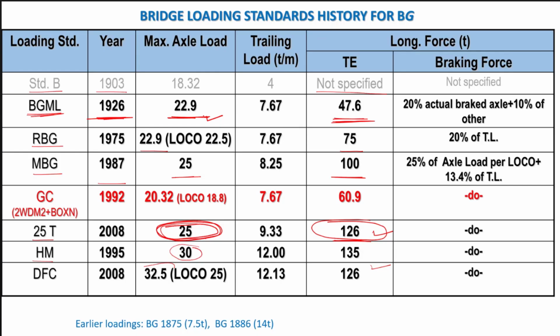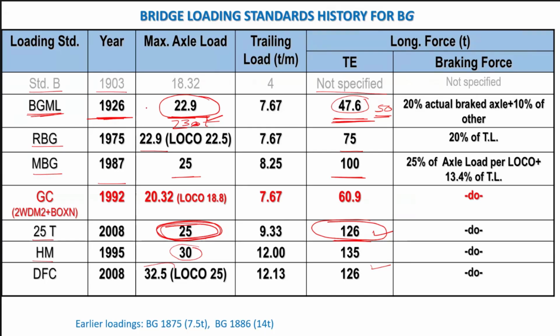Here the axle load is 22.9, say approximately 23 ton, and the tractive force is 50 ton. This becomes 50 to 126, meaning it has increased by about 150%. Whereas 23 ton to 25 ton means only an 8 to 10% increase.